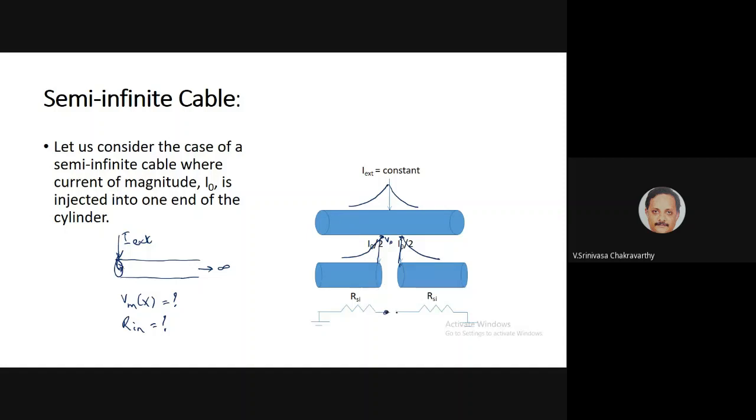Let's call this RSI, the resistance of the semi-infinite cable. Now these two resistances are in parallel, as you can very easily see, because this voltage is V0, and both of them end in voltage 0, that's the ground. So both these resistances are in parallel.